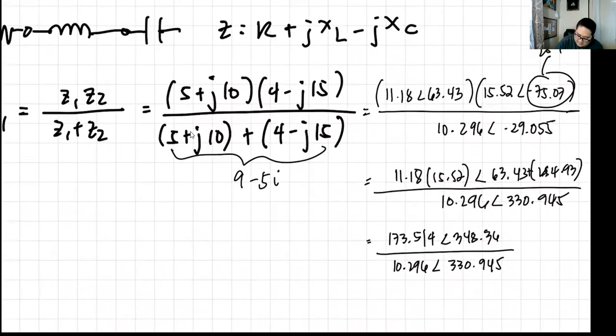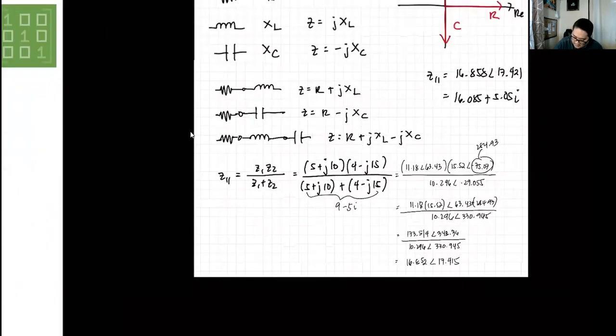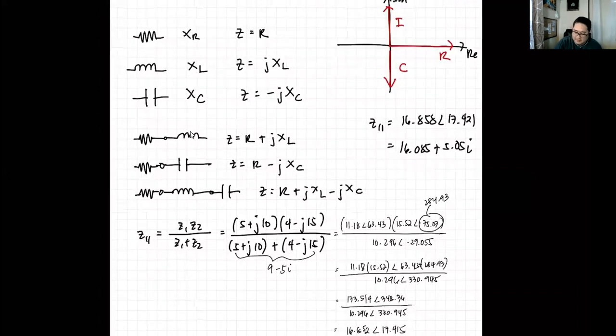Okay? So, dito, this will be divide natin yung 173.514 divide 10.296. That is equal to 16.85 angle of 348.36 minus 330.945. That is 17.415. Okay? So, ayan. So, nag-same na siya dito.